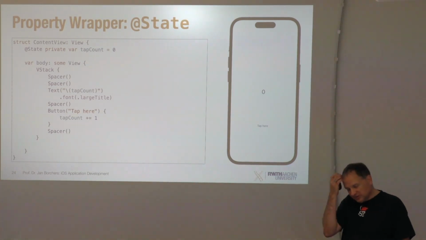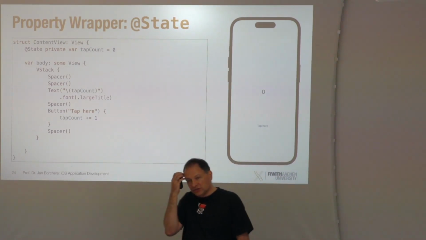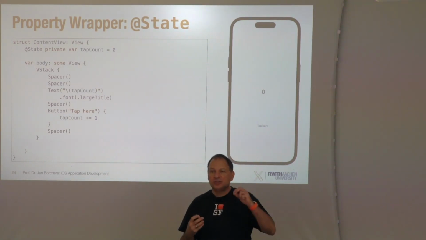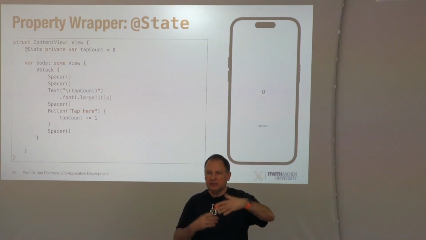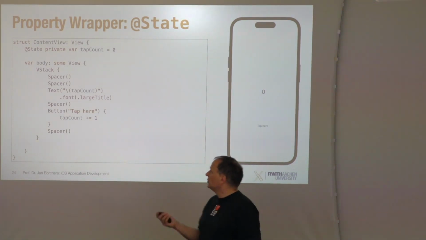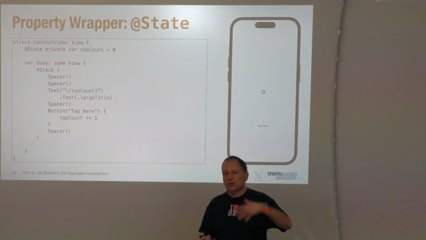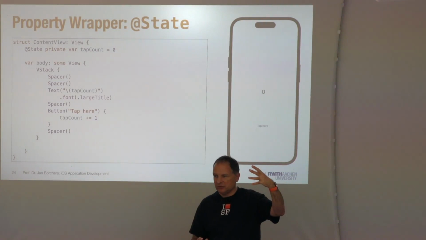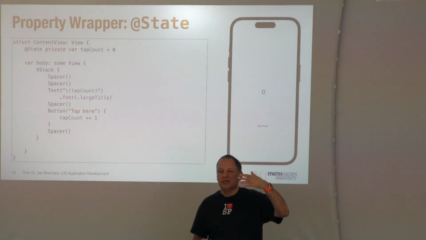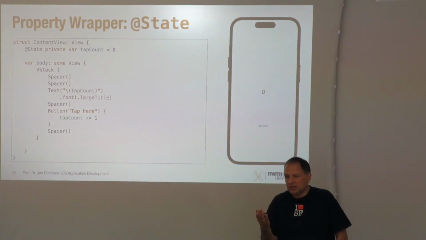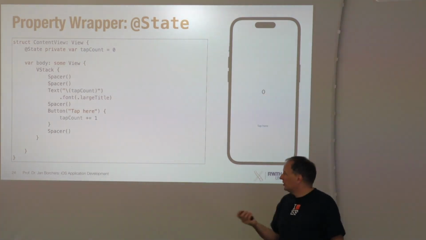Well, SwiftUI says, I know that this view will get thrown away, the struct will get thrown away all the time, but obviously the developer wants to keep some data around, even when the struct gets recreated. So SwiftUI will reserve some space somewhere where it is not being thrown away each time the view is destroyed. And that way, this state variable basically creates some state in the user interface and remains available and gets updated with the tap count.